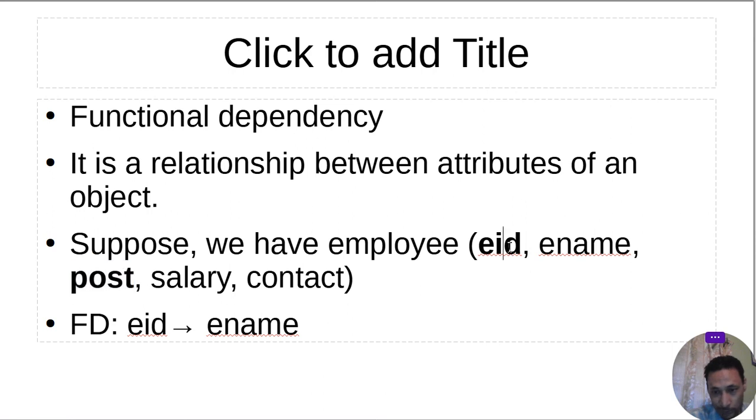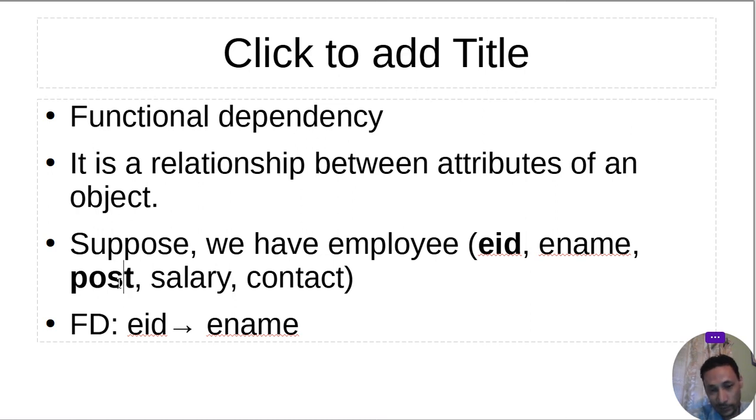Here the key attribute is formed with EID and post. There are two attributes within the key attribute, EID and post. So EID is one part of the key, post is another part of the key. Can we find dependency between this key attribute and a non-key attribute?